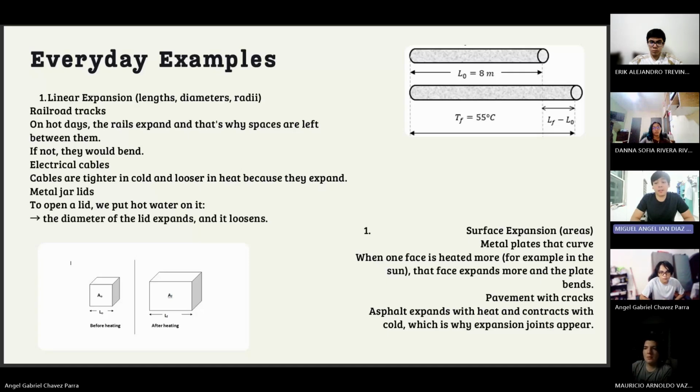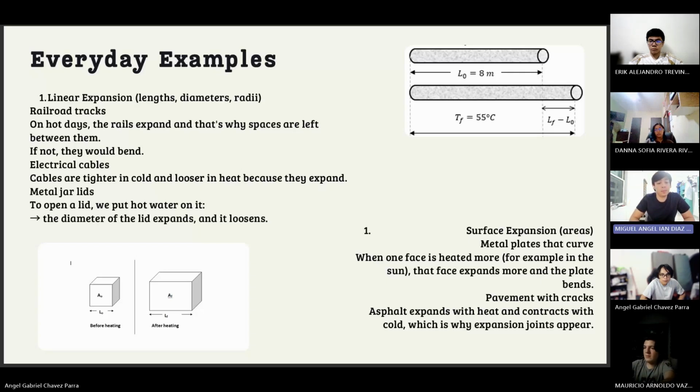If not, it would bend, and it would break because it would have a lot of pressure. It would be something awful.